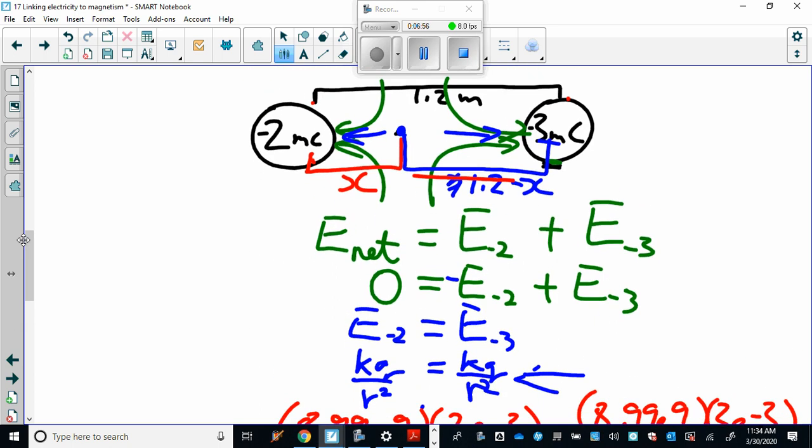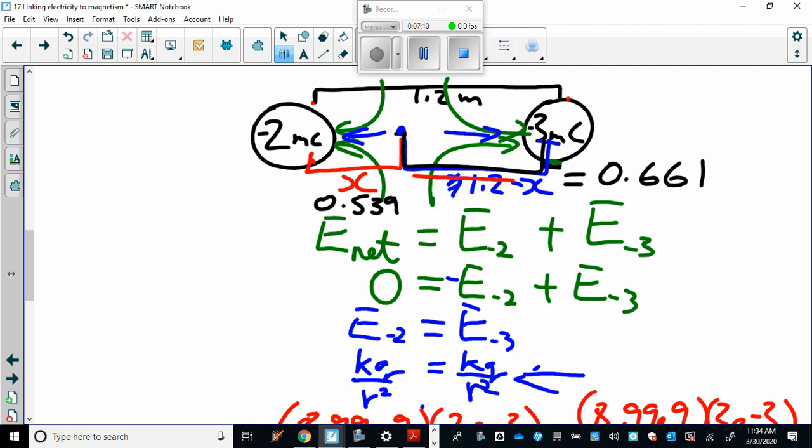So this here is 0.539. Therefore, this distance here is 1.2 minus 0.539, which turns out to be 0.661, which is the answer in the book.